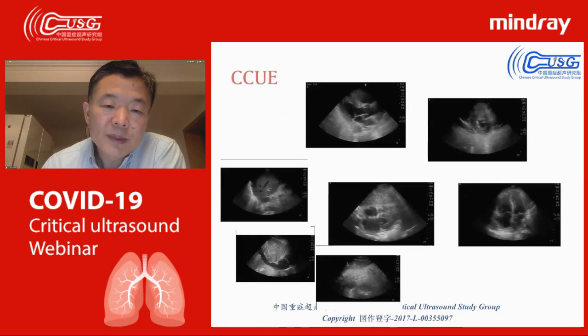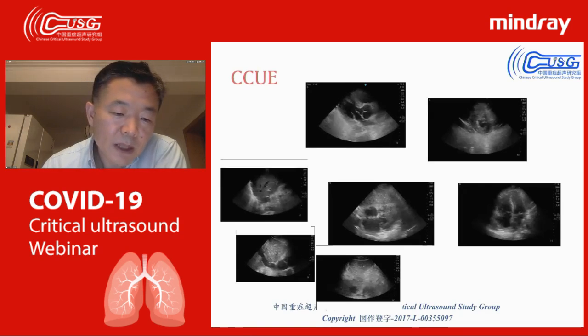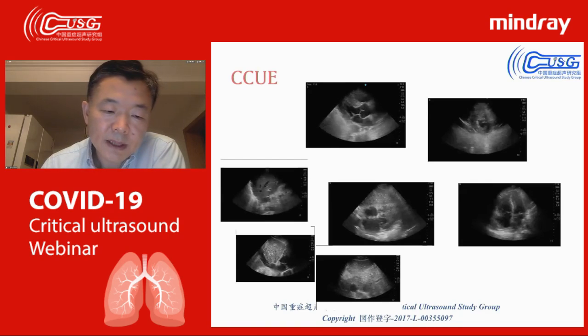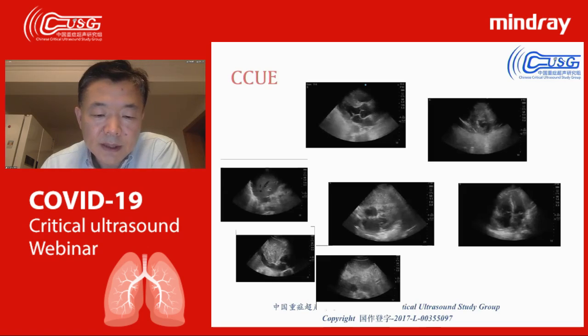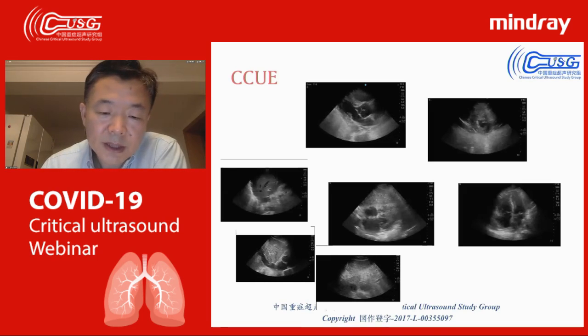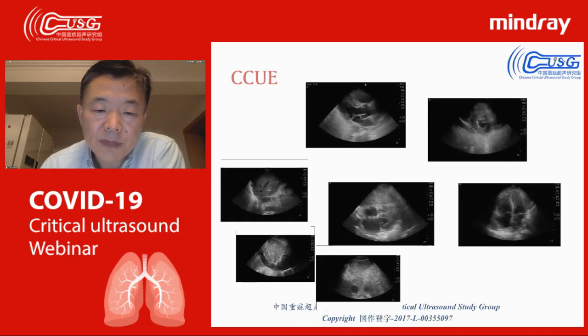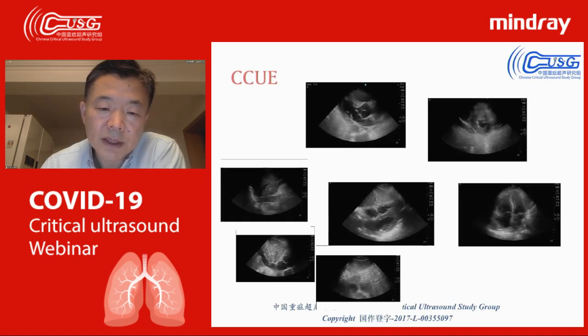At that time, they also did the CCUE examination. You see now the IVC is enlarged and fixed. And you see the short axis is in a very round shape, and the heartbeat is still fast, and the left ventricle systolic function is still okay.